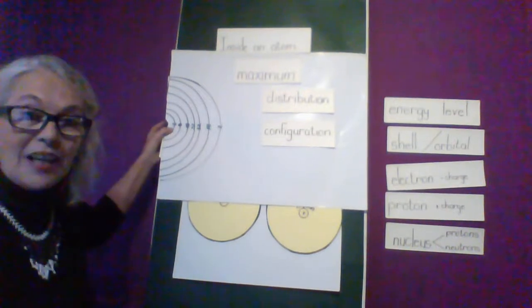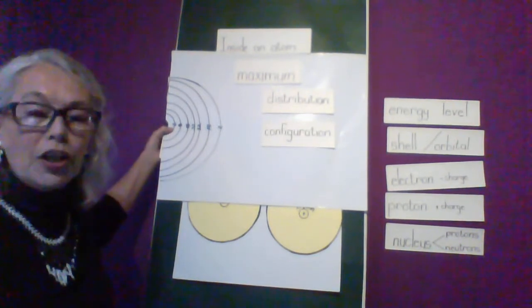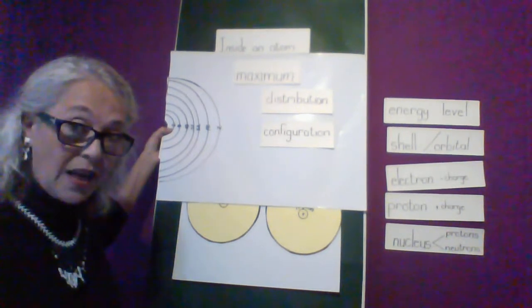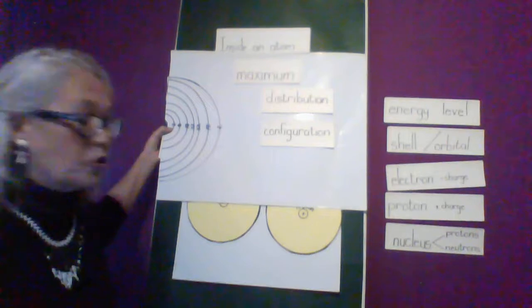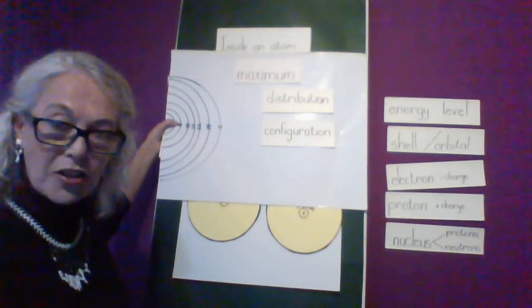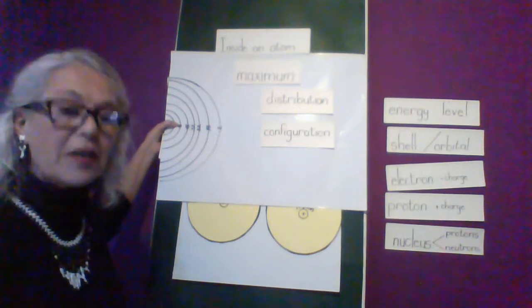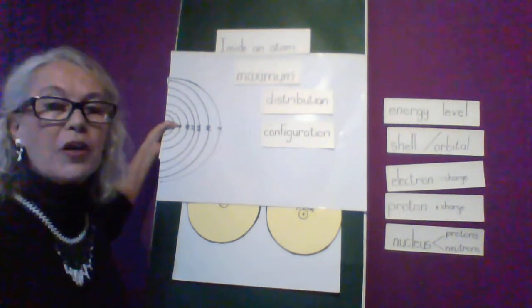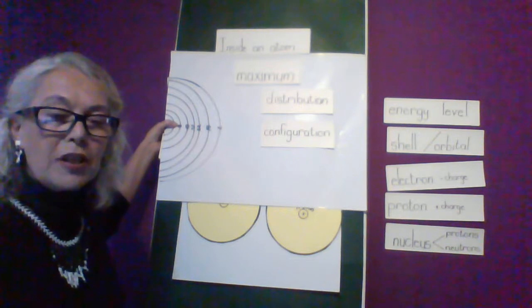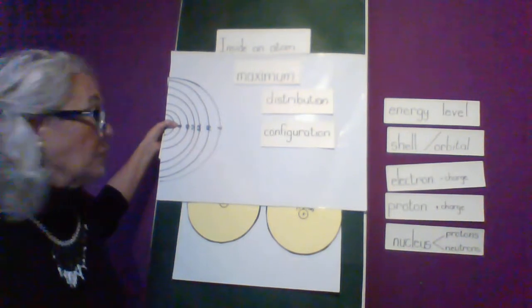On the first energy level, there can be only 2 electrons. All right, there can be less, like with hydrogen, it had 1, but there cannot be more than 2. On the second energy level, we discovered now with oxygen, oxygen had 6, but there was space for 2 more. So it could combine, it could form a compound because there was space for 2 more electrons.